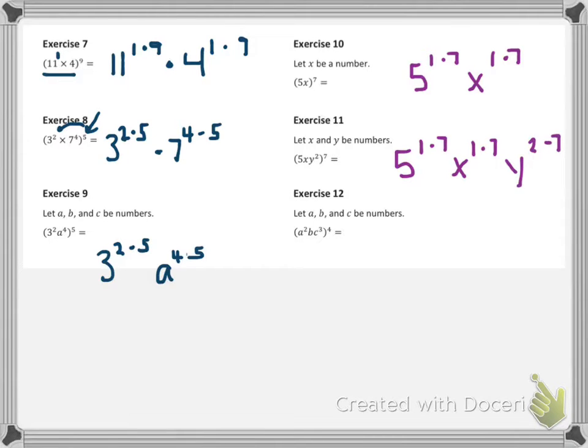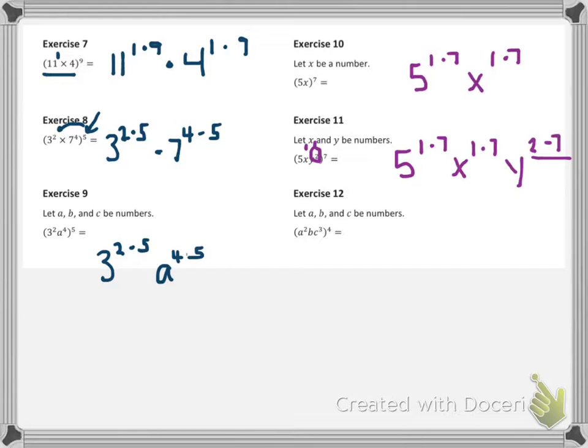Okay, so a little bit different there. The exponent of the 5 is really a 1. We just don't show it. The exponent of the x is also a 1. We don't show it. The exponent of the y is a 2, so it's a little different than the first two, so we have to use that. That's 2 times 7. That's how we get this here.